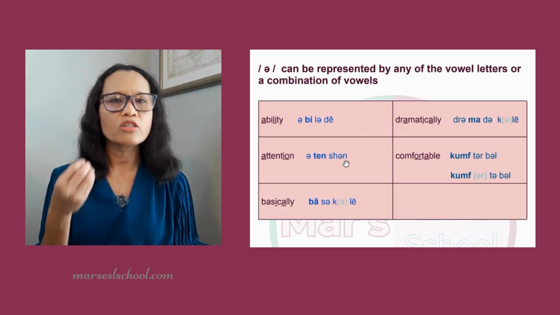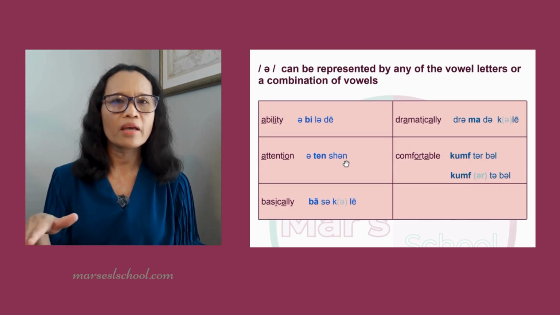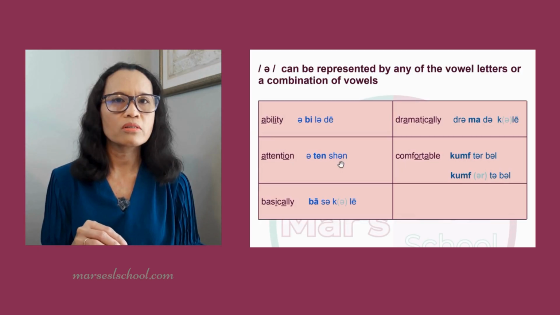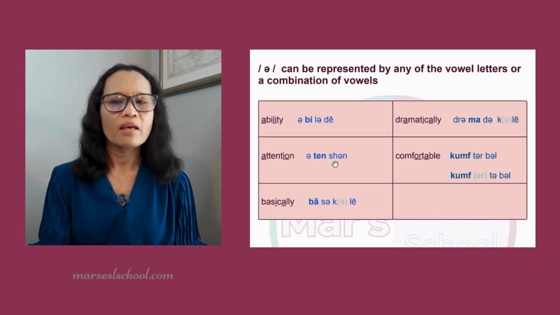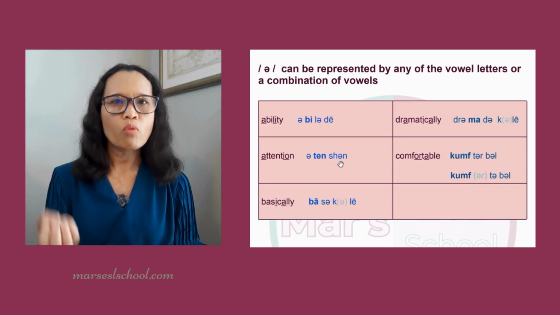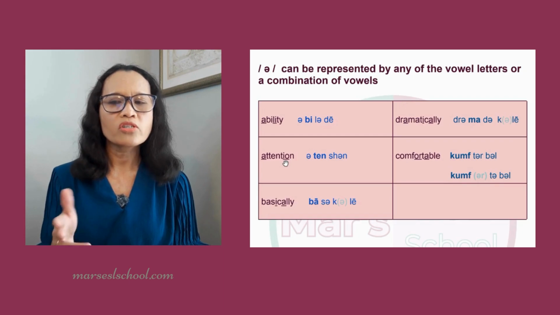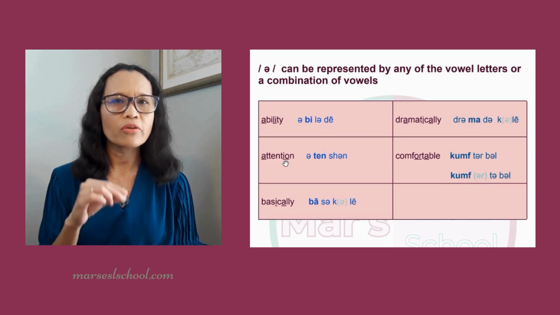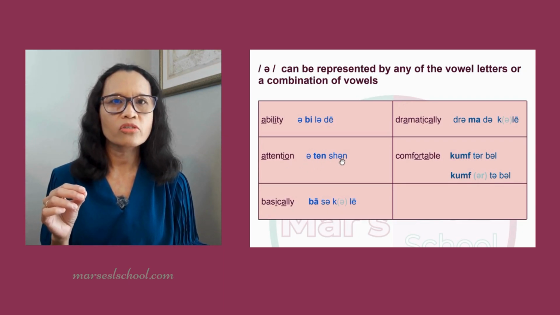Remember, you don't need to move your mouth when you make a reduced syllable like this one. In this word, the second schwa is represented by a vowel combination, I-O. So I-O after your SH sound has a schwa sound, shun.